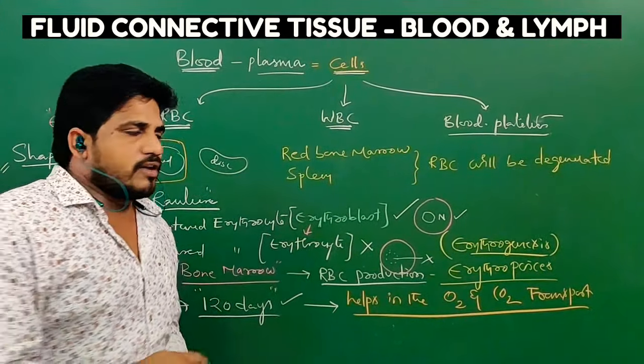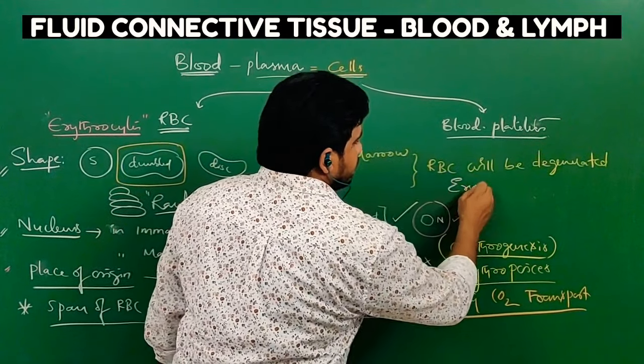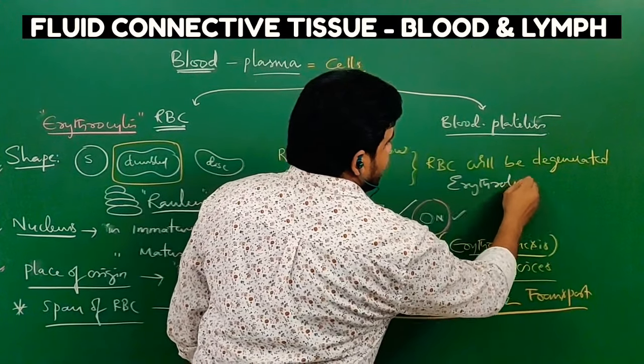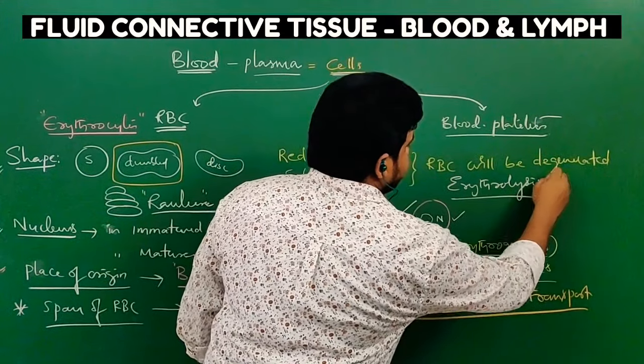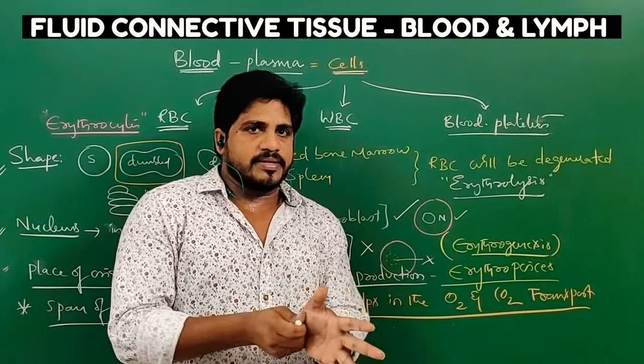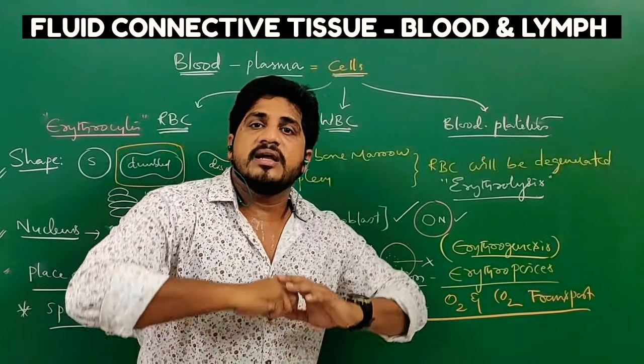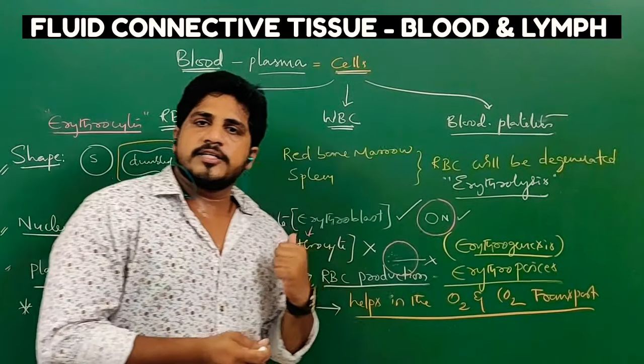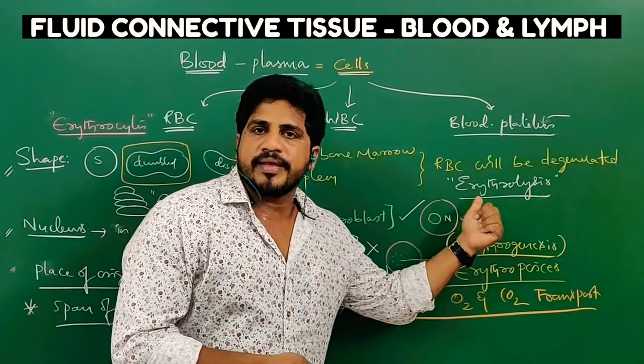The degeneration process of RBC is called erythrolysis. Here the differentiation is there. Erythropoiesis means production of RBC. Erythrolysis means breakdown of RBC after its span, also called degeneration of RBC.